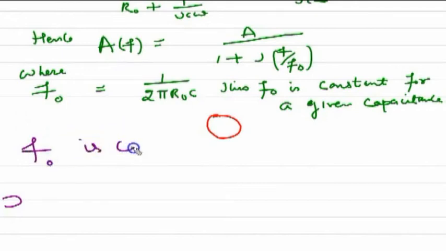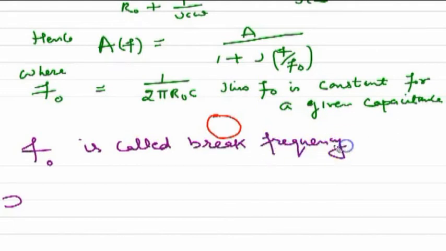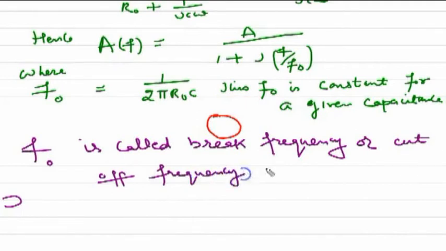Now F naught is given a name, and it is called the break frequency, and it is constant for a given operational amplifier. F naught is called the break frequency, or it is also called the cut-off frequency of the operational amplifier.